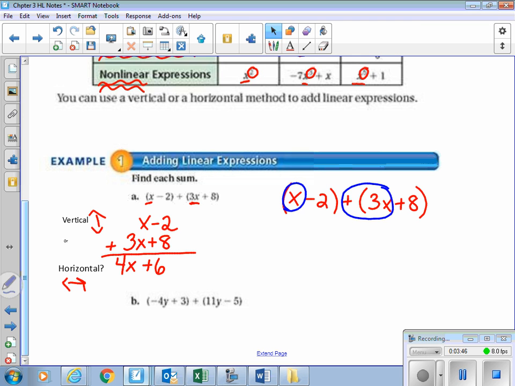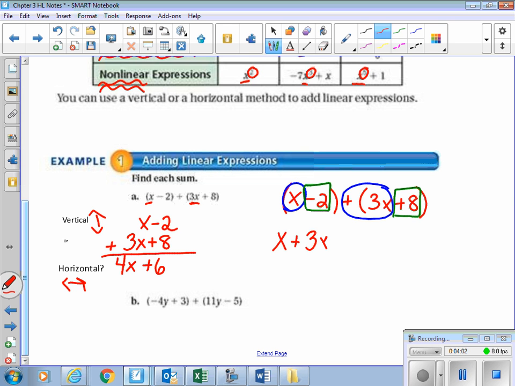That sign is now gone. And then we've got a negative 2 and a positive 8. And I'm going to rewrite the problem horizontally with my like terms together. So I've got my x plus 3x and negative 2 plus 8.